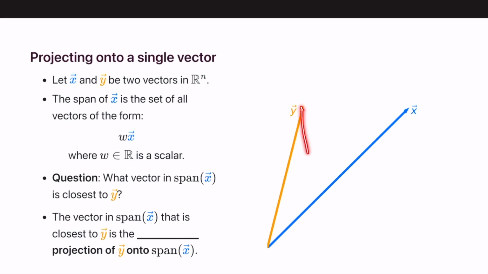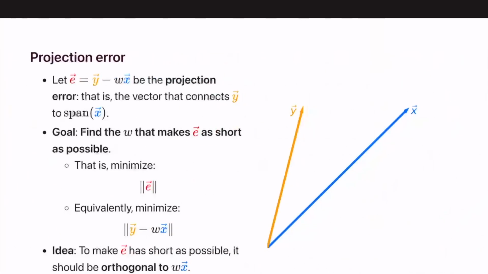You can imagine some other vector here which forms an orthogonal relationship with x. What is this vector e? And why is this one the minimum, not this one or this one or this one? That's the goal.